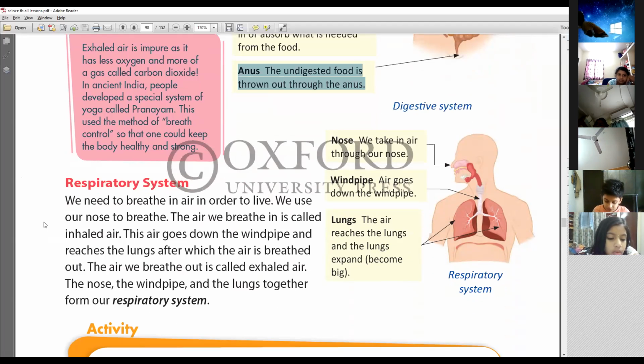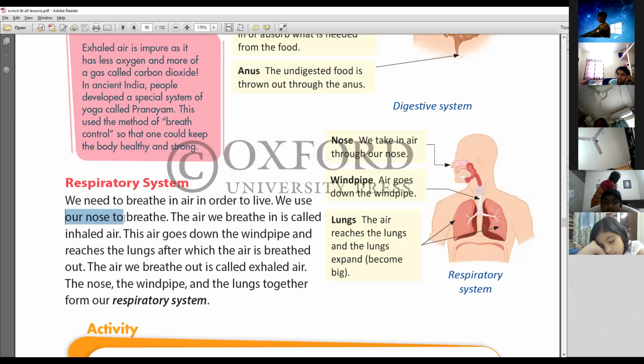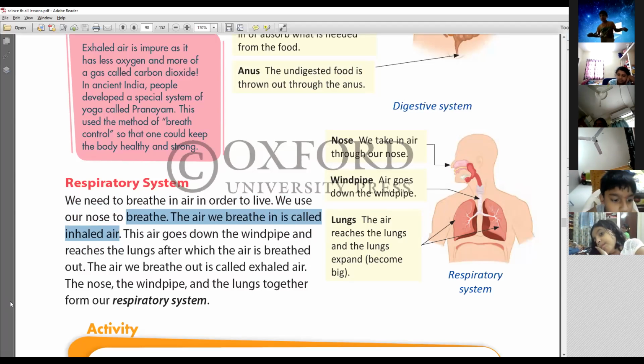We need to breathe in. We use our nose to breathe. The air we breathe in is called inhaled.